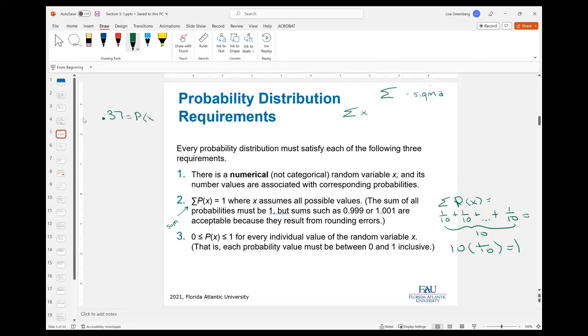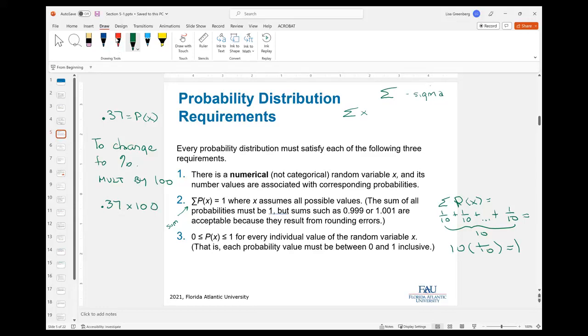To change that to a percentage, I have to multiply by 100.